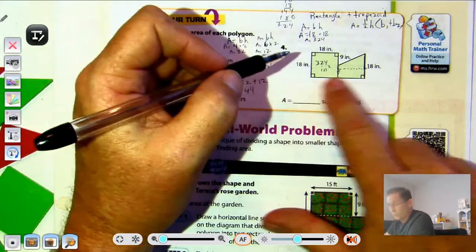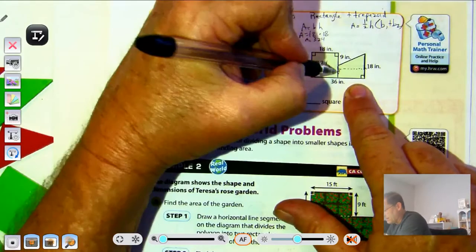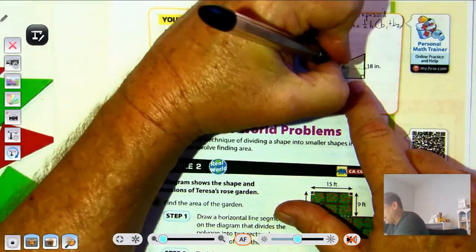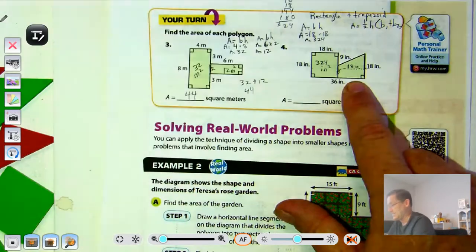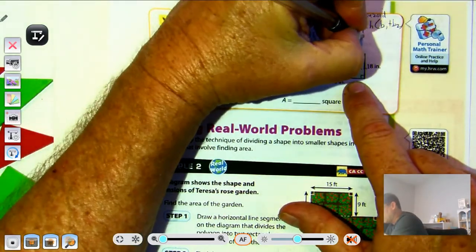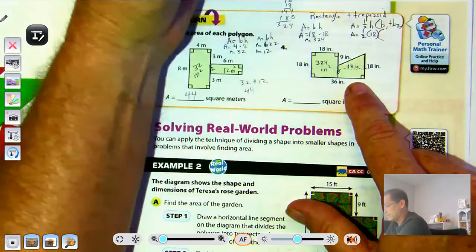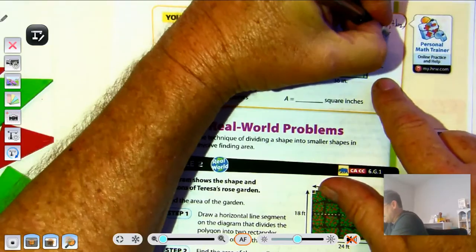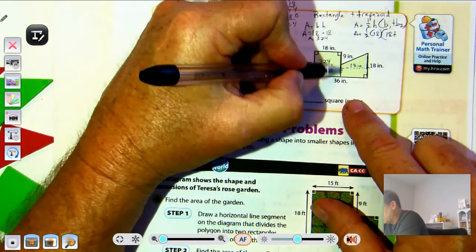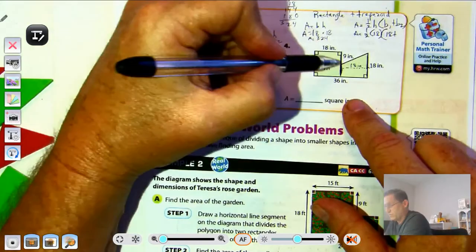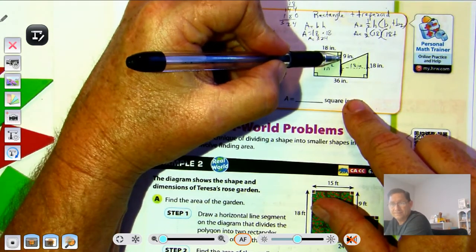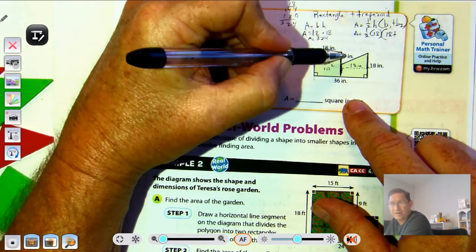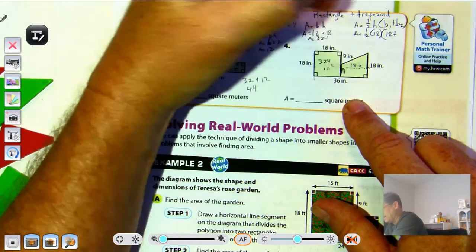If this whole thing is 36 and this part is 18, then 36 take away 18 is the height. So the height is 18 inches. We can call this base 1, 18, and base 2 is going to be this piece right here. They're telling us that this section's 9, and the whole line is 18. So 18 take away 9, this piece is 9.